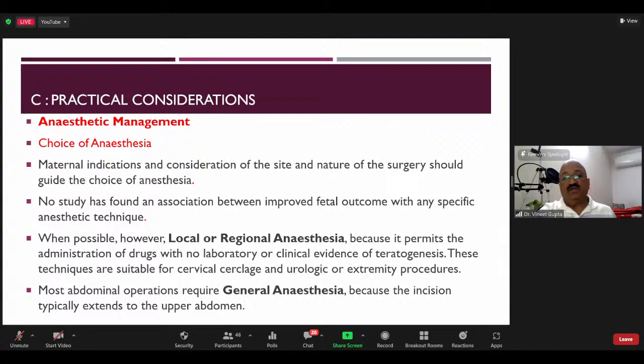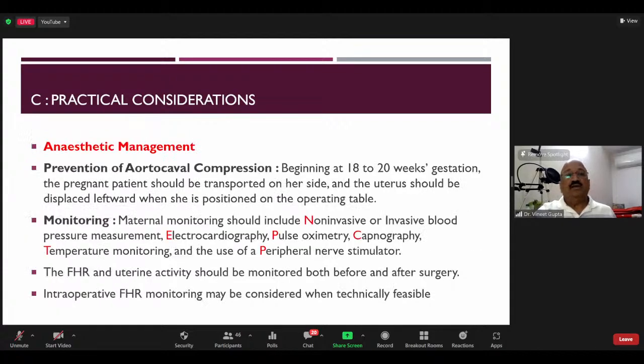These techniques are suitable for cervical cerclage and urological or extremity procedures. Most abdominal operations require general anesthesia because the incision typically extends to the upper abdomen. Then prevention of aortocaval compression. Beginning at 18 to 20 weeks gestation, the pregnant patient should be transported on her side and the uterus should be displaced leftward when she is positioned on the operation table.